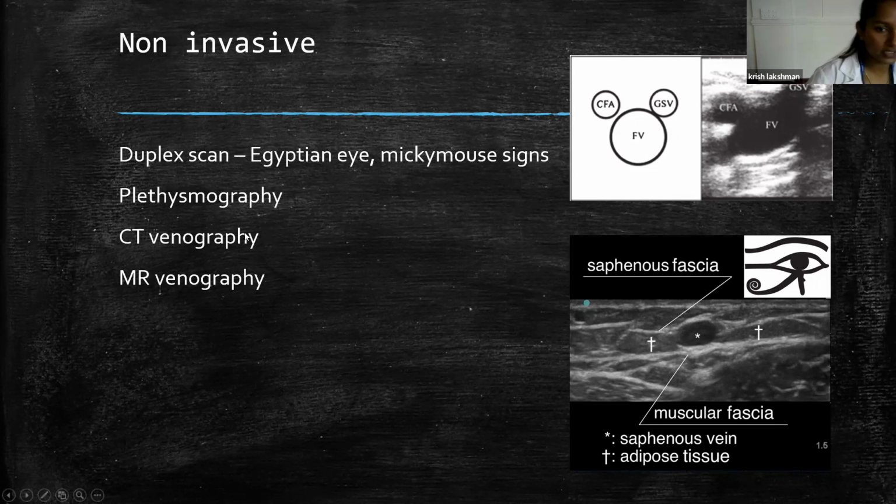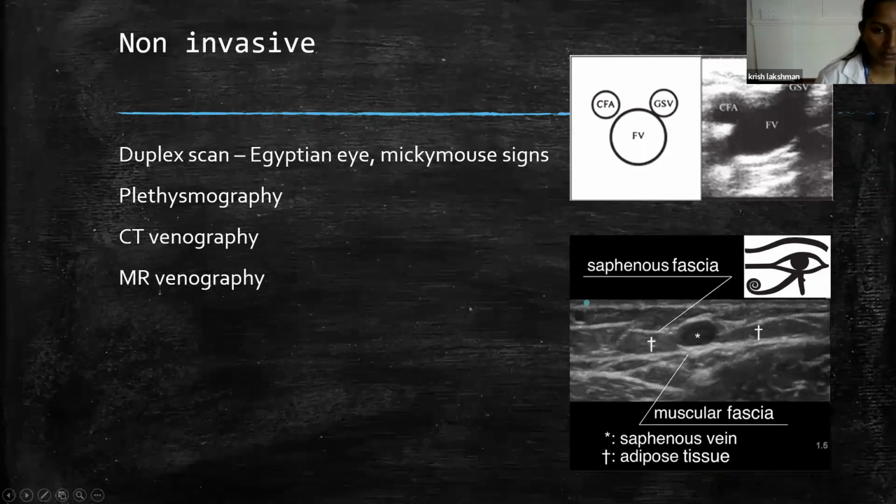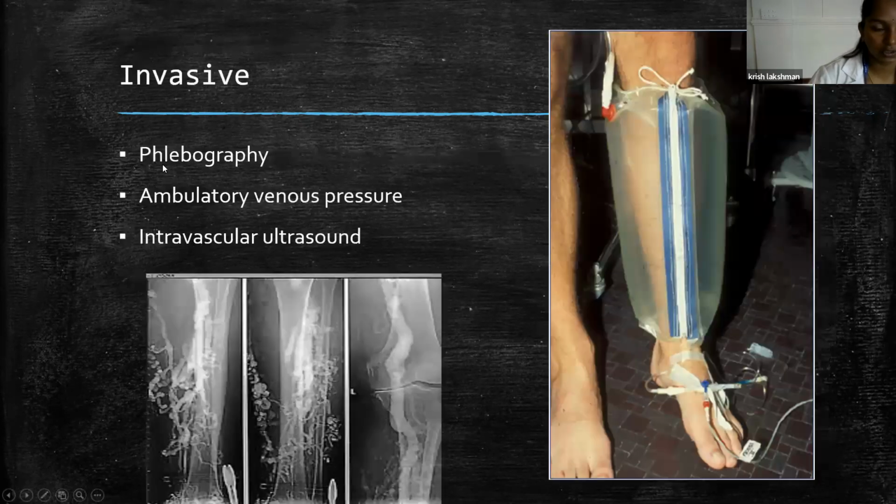Plethysmography, CT venography, and MR venography give a clear understanding of venous wall incompetence. And invasive techniques are phlebography and ambulatory venous pressure. This is the gold standard for varicose vein assessment, in which a catheter is passed into the dorsal vein and the venous pressure is monitored with the patient walking, and also in other ways, as with air plethysmography and intravascular ultrasound.